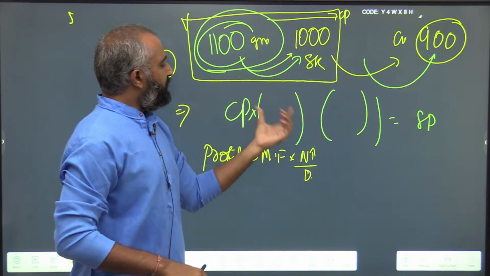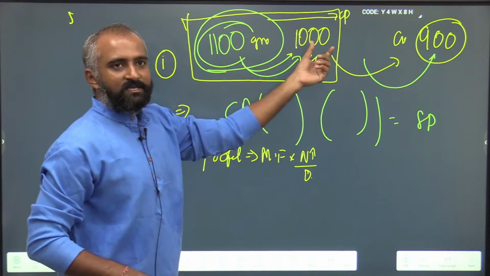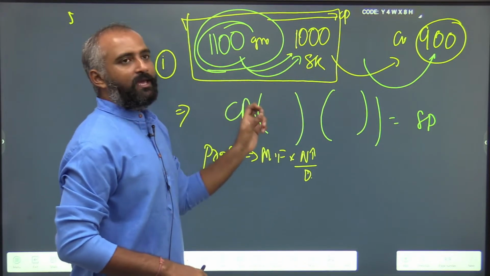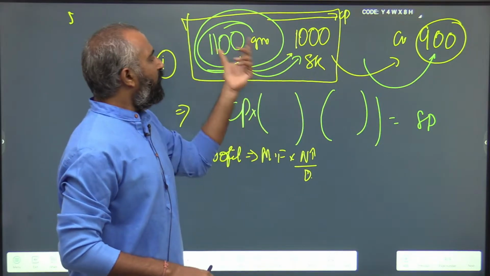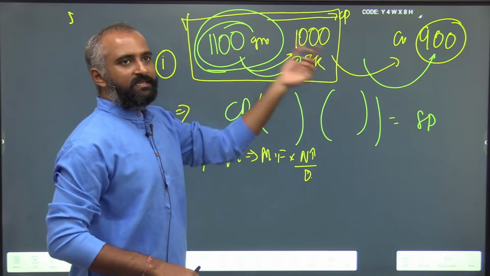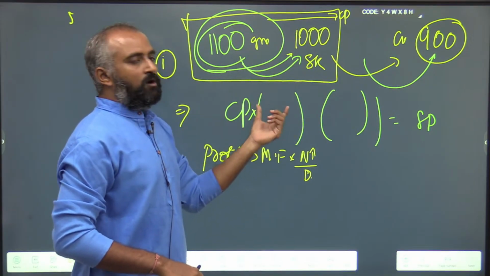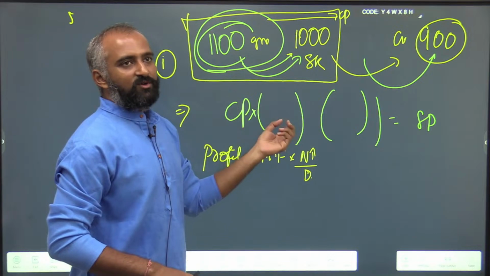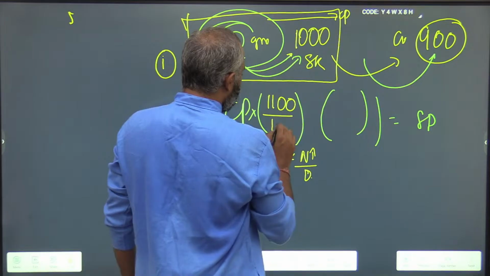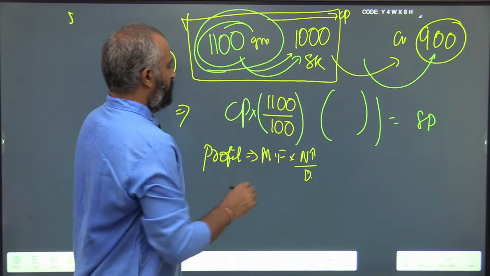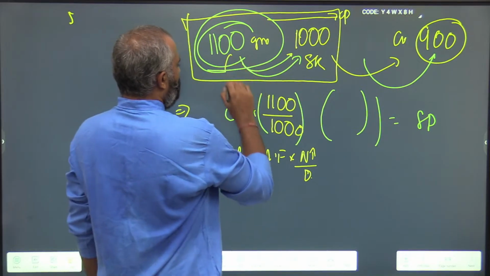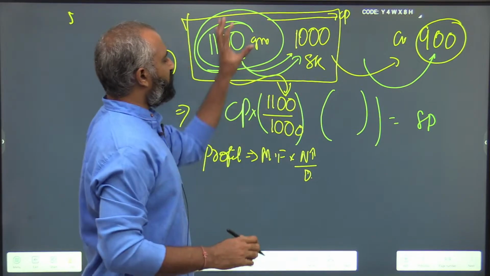Because he is gaining from this, I need a multiplication factor greater than 1. Just simply ask yourself, how can I make a fraction using these two values whose value is greater than 1? Can I write this as 1100 by 1000? So the factor for profit from the wholesaler is done.